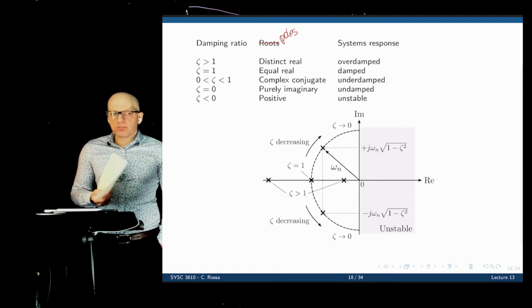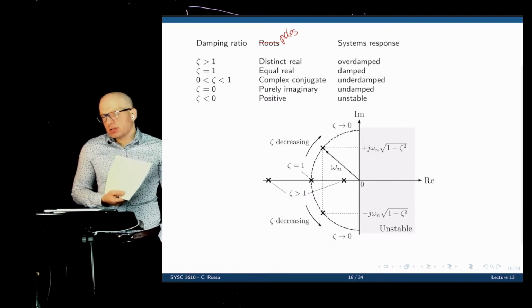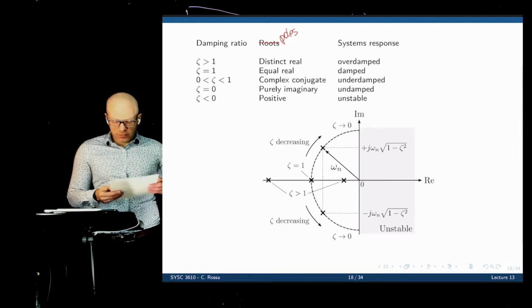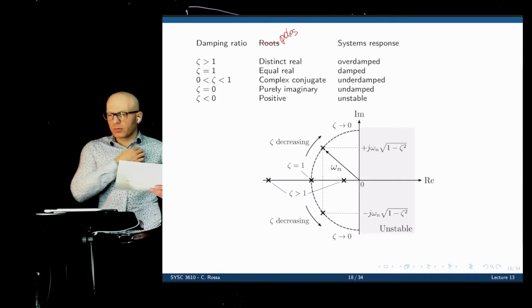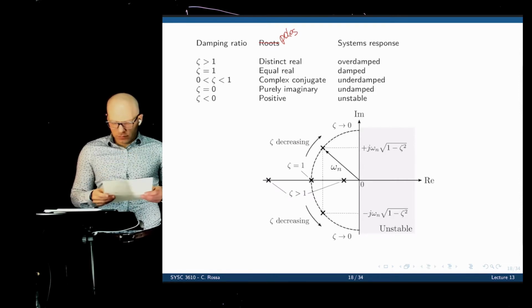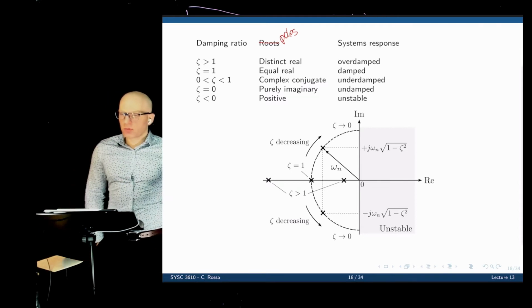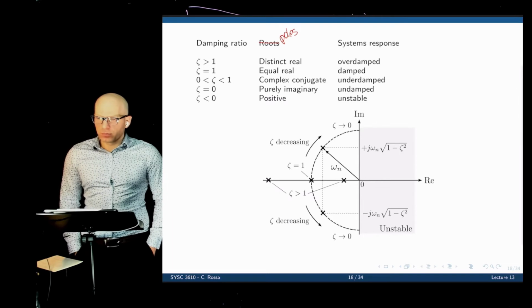Is an overdamped system more stable than an underdamped system? Mathematically, we can say they are equally stable. But it depends on the time, because if it is close to the imaginary axis, the system will actually respond faster. Right. Faster. Yeah. Okay.